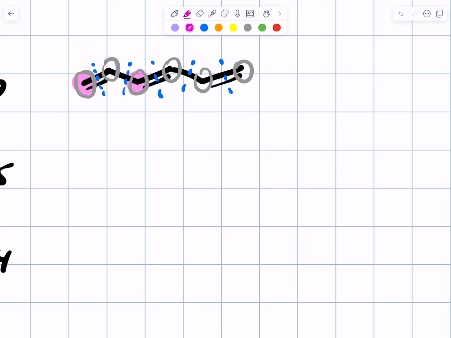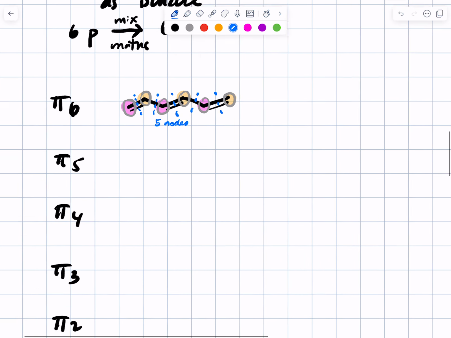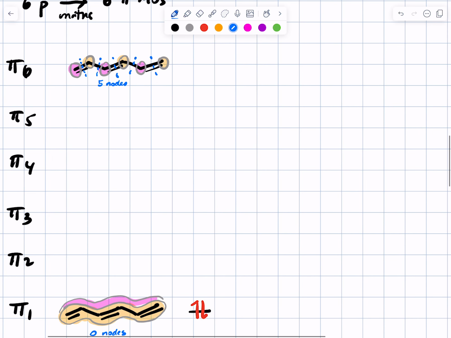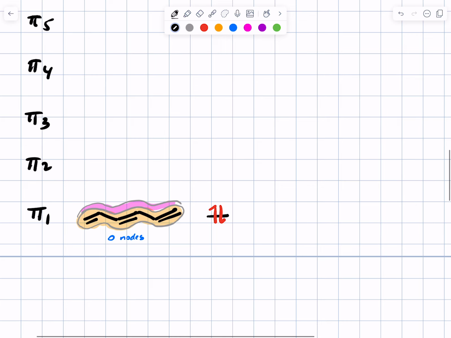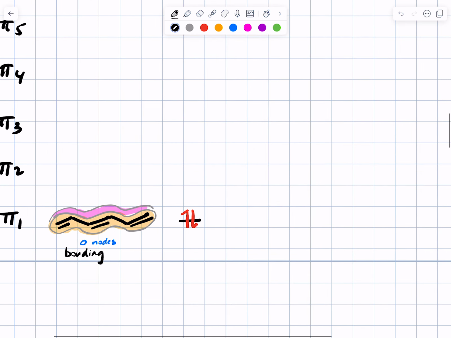In the pi star for a single pi bond, the wave function sign changed once in between the 2 atoms. In this pi 6 orbital, there are 5 nodes. And it's pretty easy to recognize this as an antibonding orbital, in the same way that it's pretty easy to recognize the pi 1 orbital as a bonding orbital.